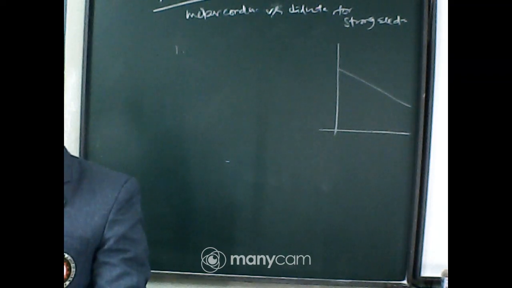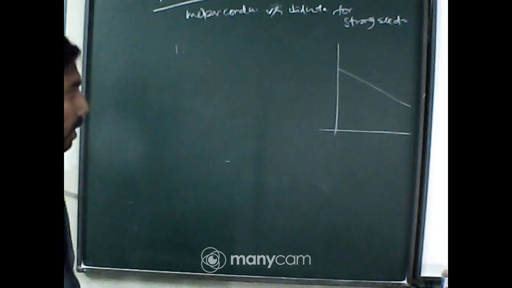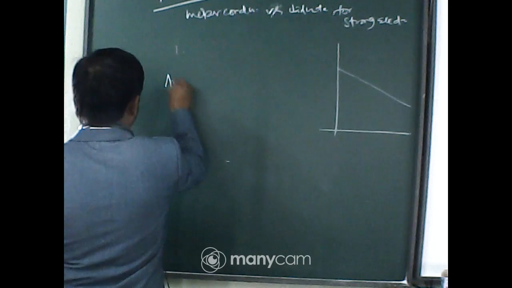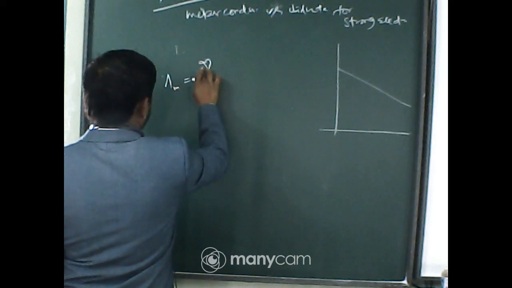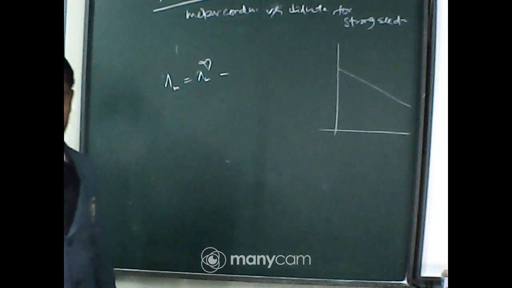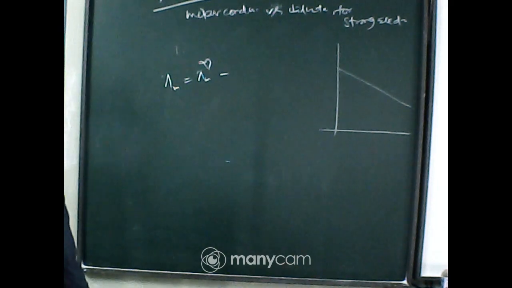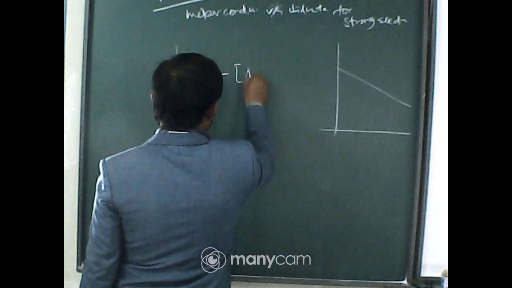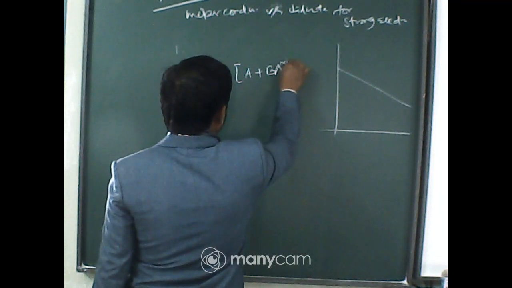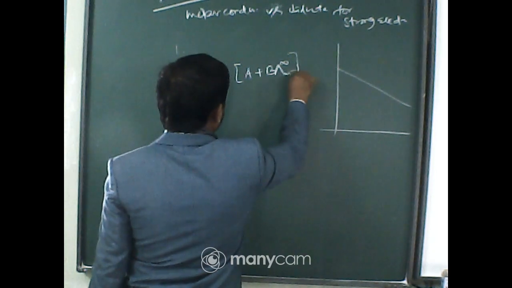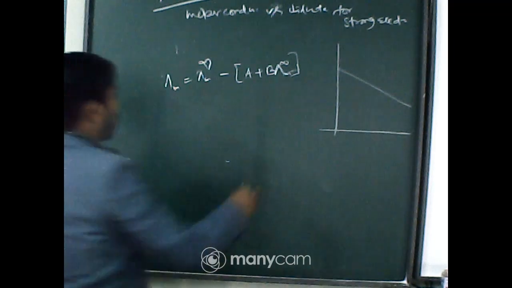From the Debye-Huckel-Onsager equation, lambda m equals lambda m infinity minus (a plus b lambda 0 or lambda infinity) into root over c.